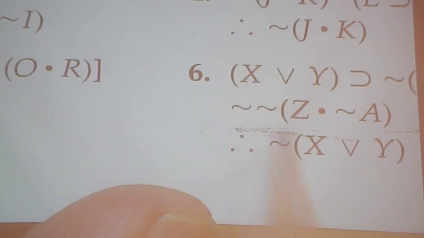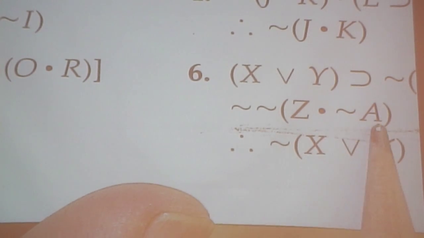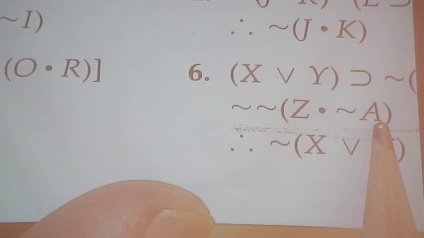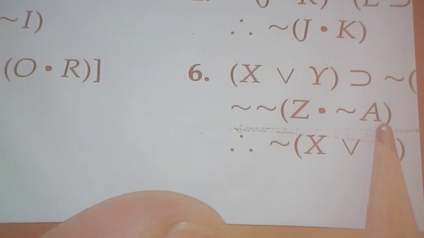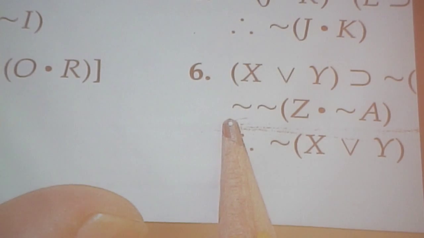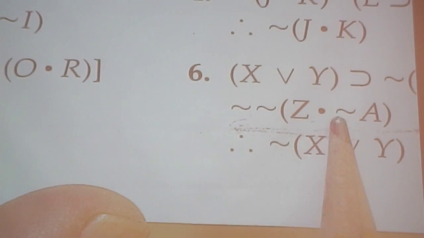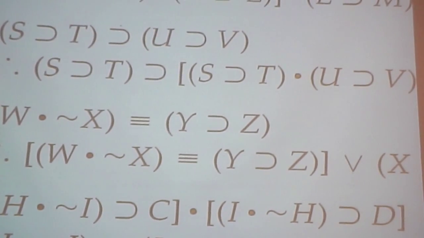This premise right here I'm interested in. Is it not both Z and not A? That is correct. Hey, we got a tri-bar here. We got a bunch of tri-bars.